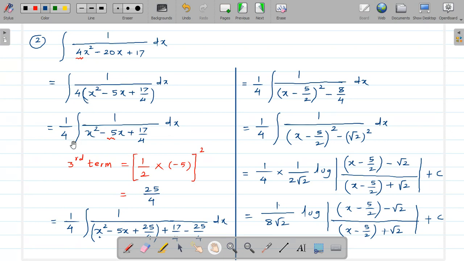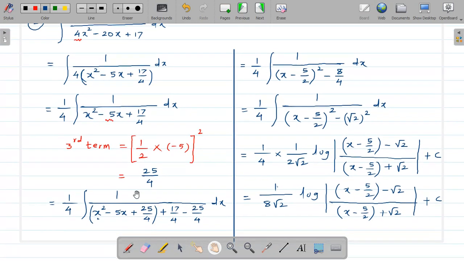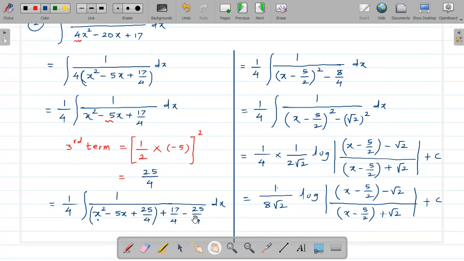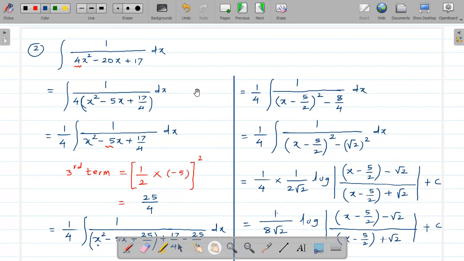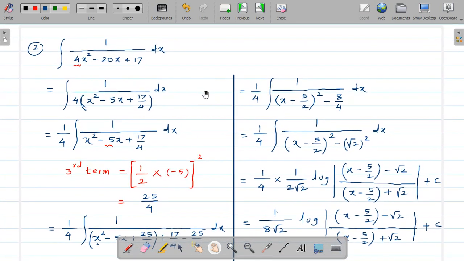So first of all take the common 4 from the whole quadratic and then apply the formula to get the third term, and hence we get 25 upon 4. We added 25 upon 4 and also subtracted it, and then we modify as per the standard rule. Okay, so this is all about type number 3.